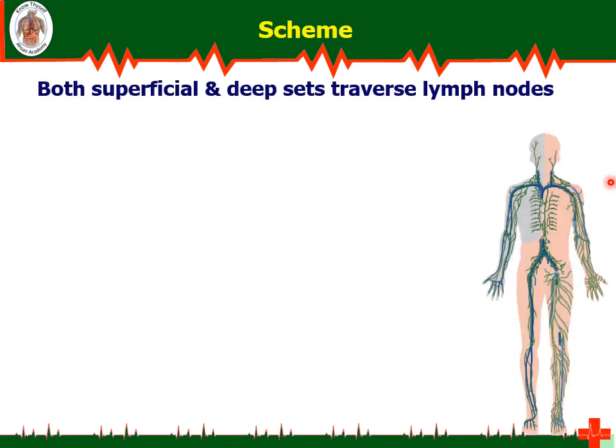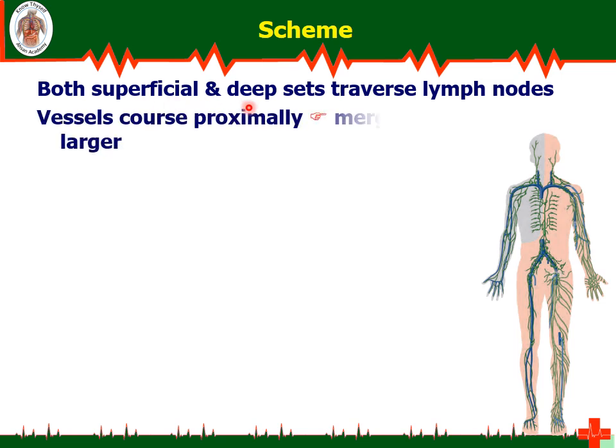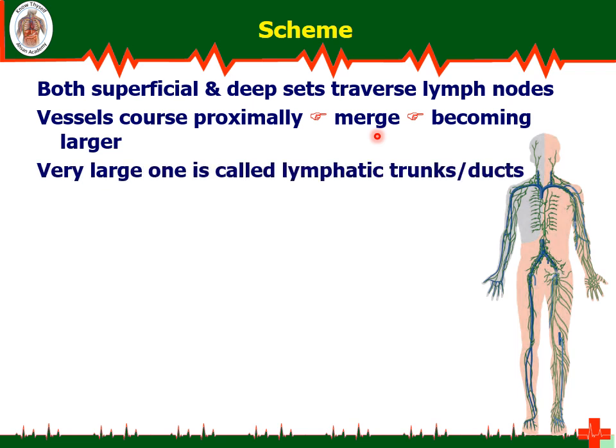Let us discuss the distribution of the lymphatic vessels. Lymphatic vessels are distributed in two sets, the superficial sets and the deep sets. Very minute vessels combine together to form larger and larger vessels, and the largest ones are known as lymphatic trunks or ducts.